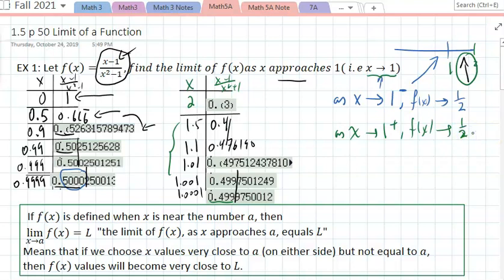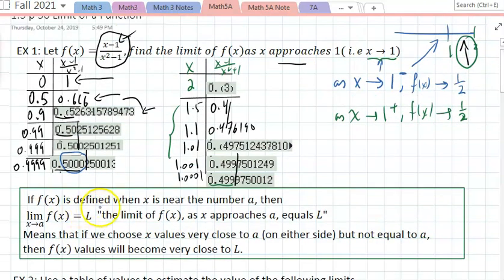So normally this is how it works. If f of x is defined when x is near, notice we never ever used 1. We didn't use 1 anywhere in there. So close to 1.